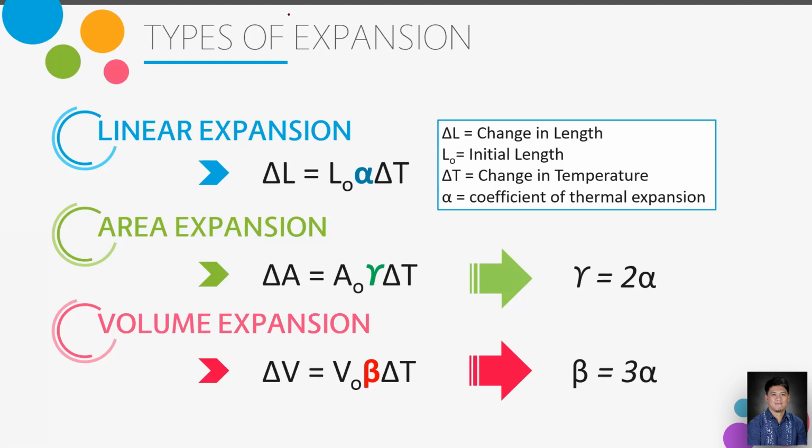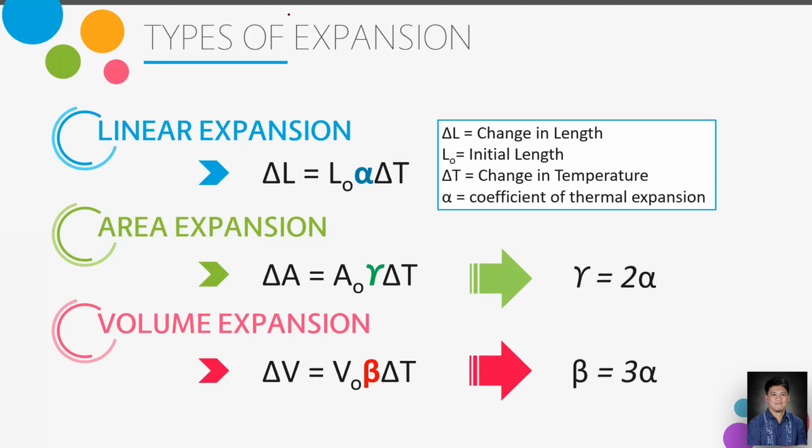If we search coefficient of thermal expansion, some objects already have a value. Experts already solved it for that particular object. Though not all objects have one, there are some that already have the coefficient of thermal expansion. And that is our alpha.